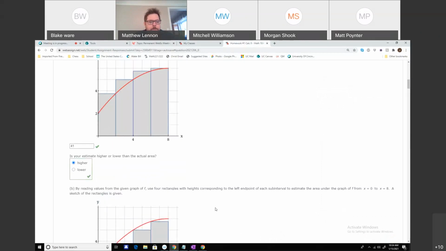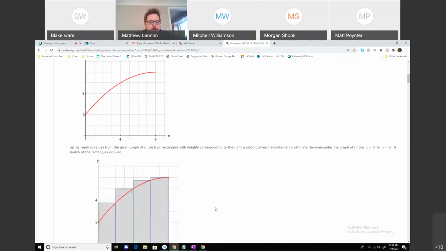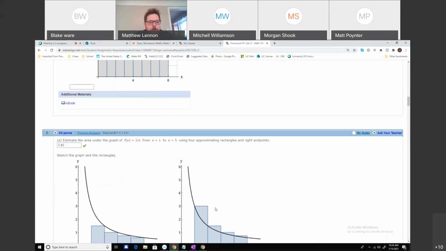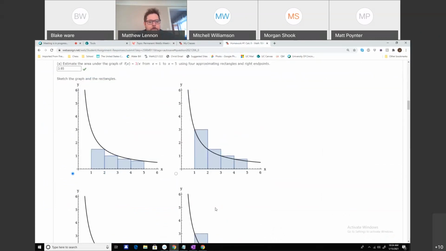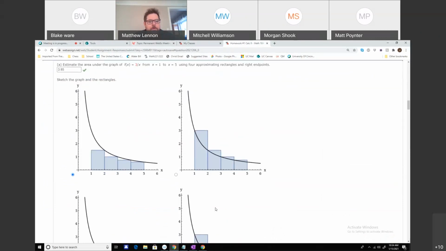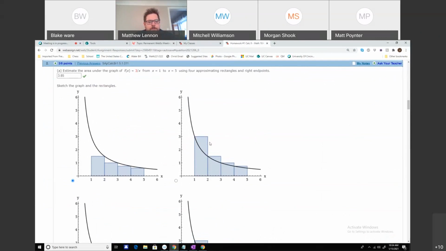So 2A, there's number one. 2A, yeah, so we were doing right rectangles. So our picture was A, we got gaps. Notice the rectangles are all falling below, so you've got little gaps. So that's an underestimate to the exact area. Okay, I got it.